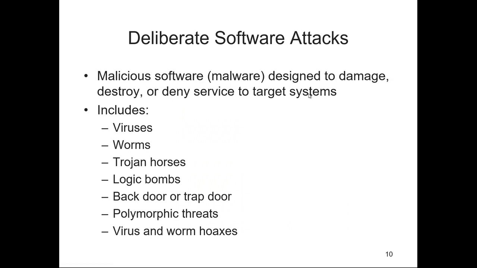The deliberate software attacks occur when an individual or group designs software to attack an unsuspecting system. Most of this software is referred to as malicious code or malicious software or sometimes malware. These software components or programs are designed to damage, destroy, or deny service to the target systems.